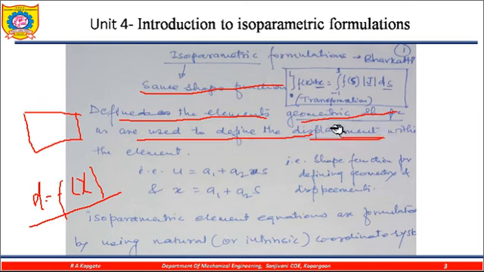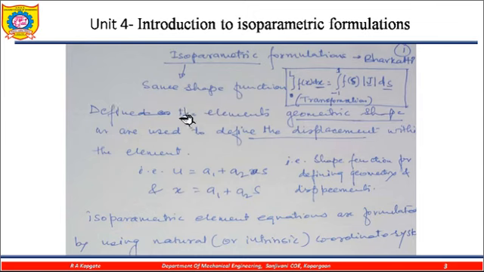So displacement and the geometric shape are defined by the same shape function, that is called the isoparametric formulation. I repeat again, the element which defines the geometry as well as the displacement by the same shape function is called the isoparametric formulation.